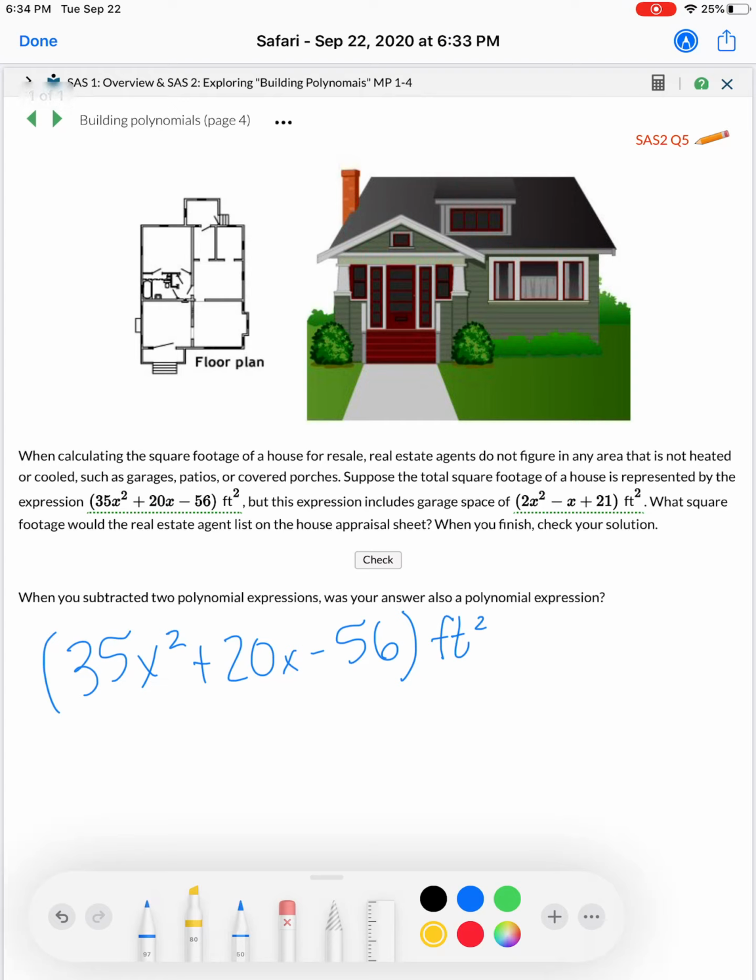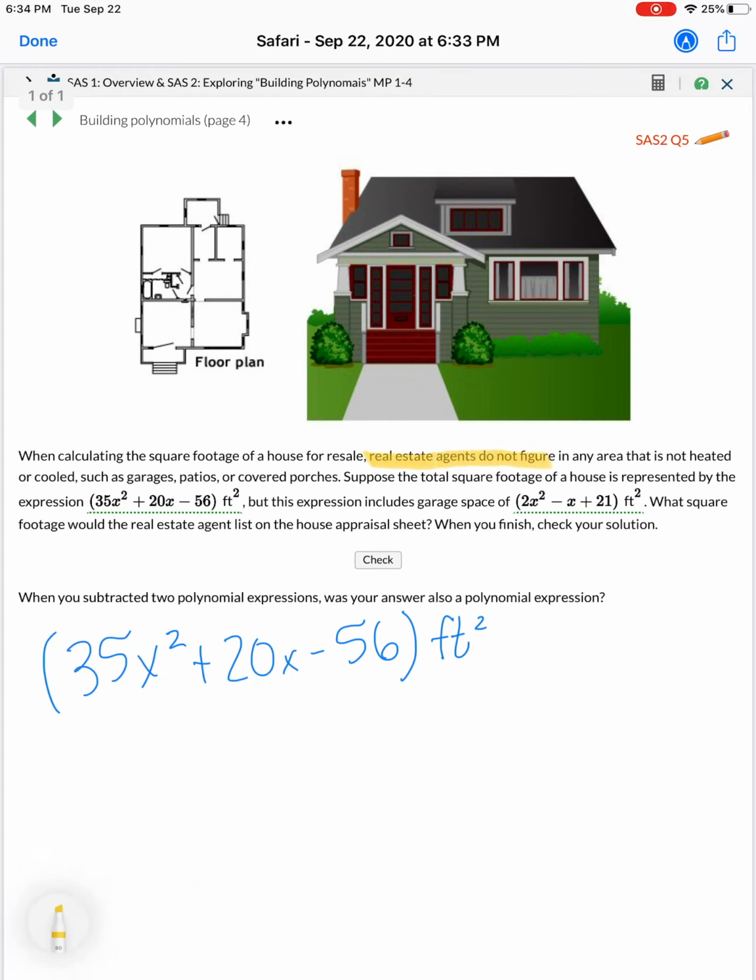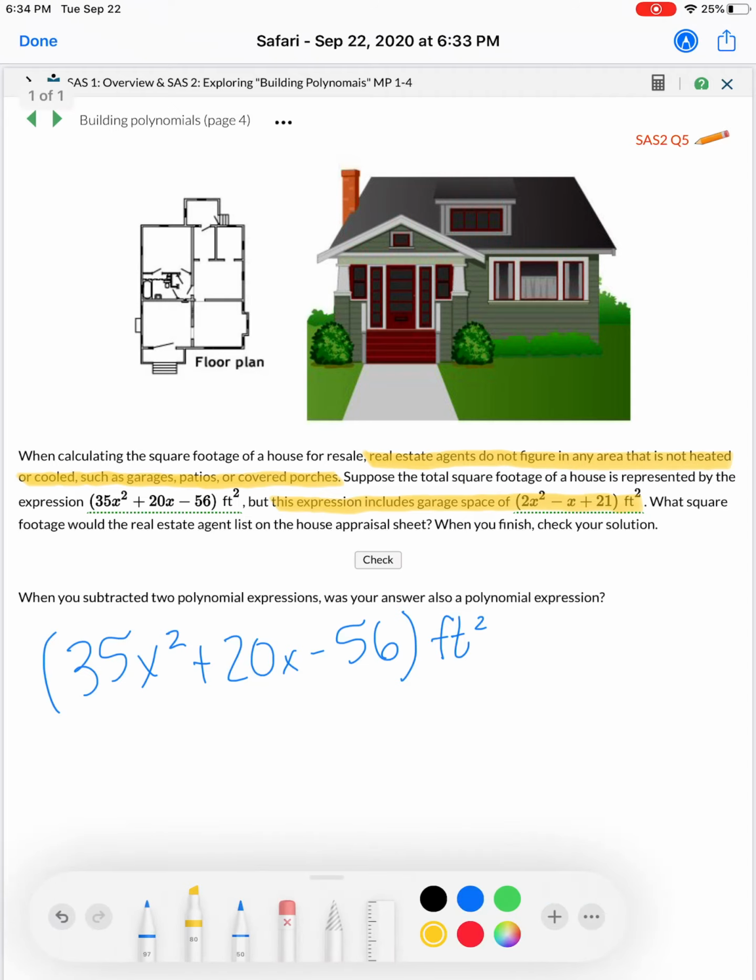Now, before we do anything else, in the first sentence, it says, real estate agents do not figure in any area that is not heated or cooled, such as garages, patios, or covered porches. All right, but right here, it tells us this expression includes garage space of this.